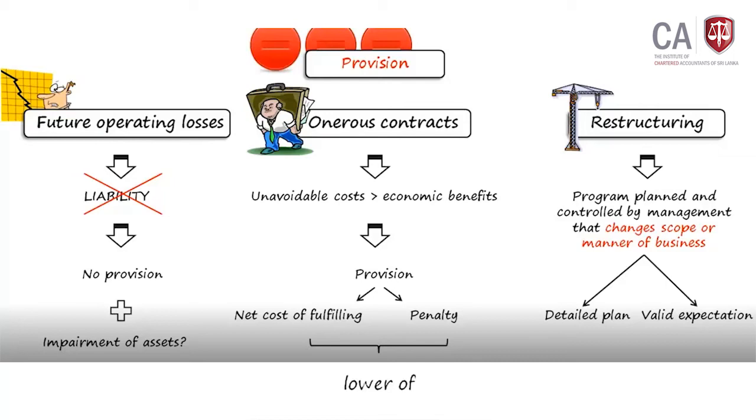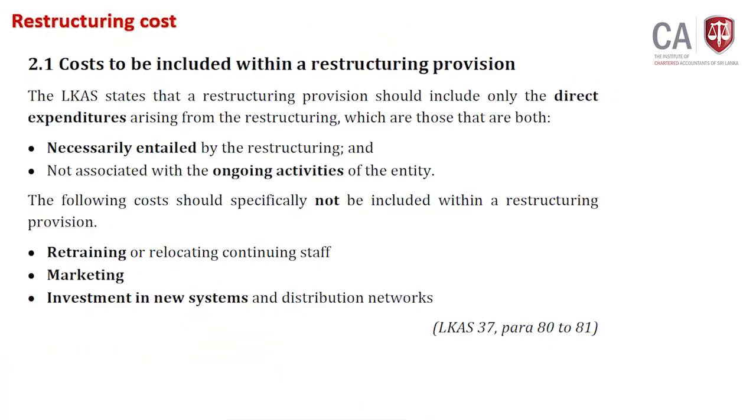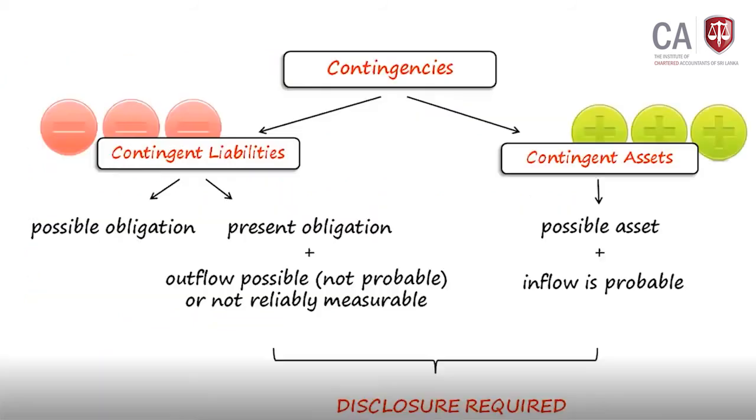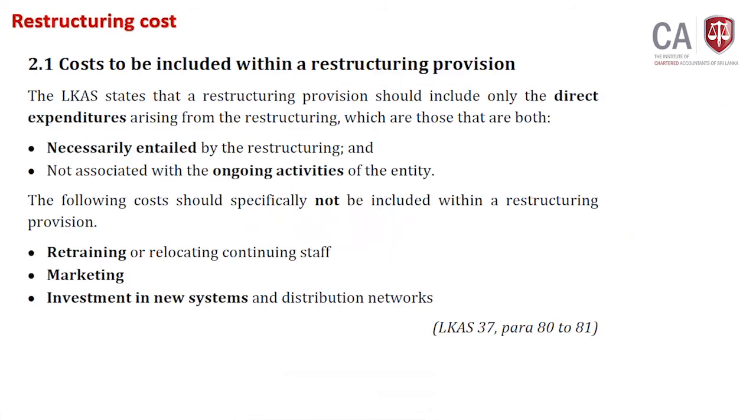In short, for future operating losses, you can't make a provision. Why? Because it's not a liability. For onerous contract and restructuring, yes, you can make a provision. Fine. So these are the costs that you can recognize for making provisions for what? Restructuring. LKAS states that a restructuring provision should include only direct expenditure.